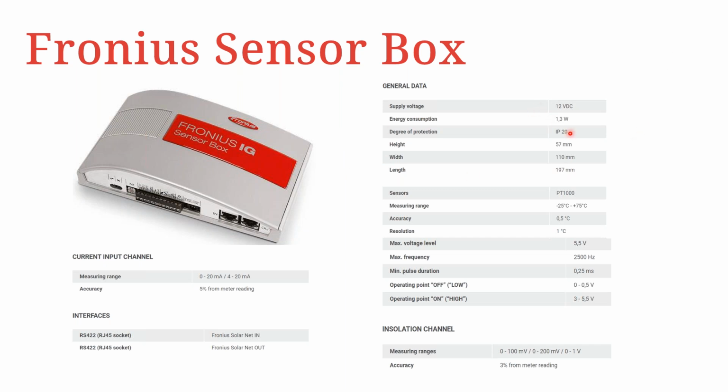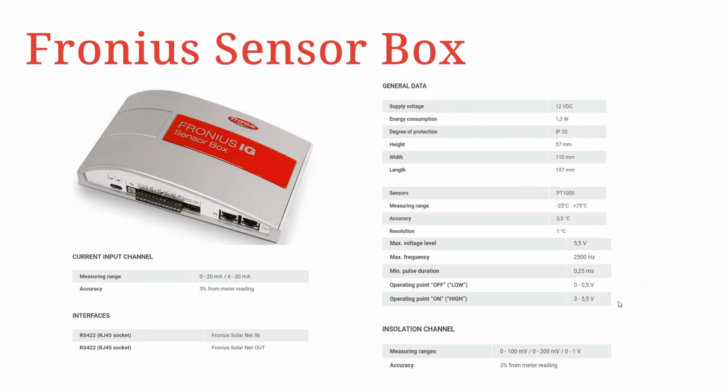But the sensor box is only IP20, which means it needs a protective enclosure. In terms of power supply, this will be about 12 volts, but do not worry about that because it is applied directly from the SolarNet ring communication cabling. Energy consumption is about 1.3 watts.